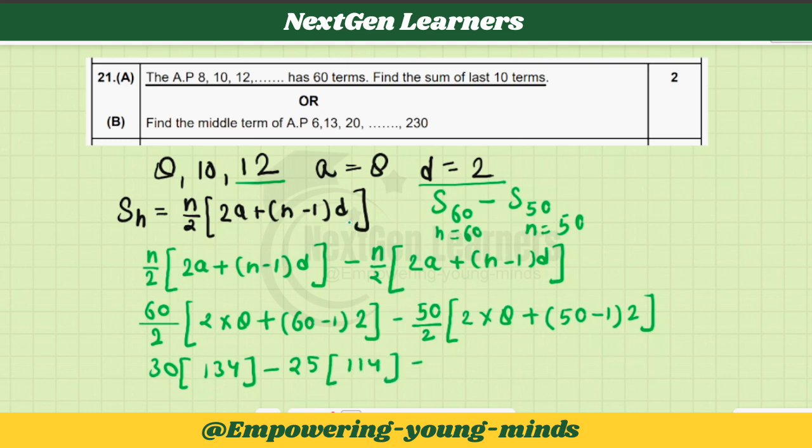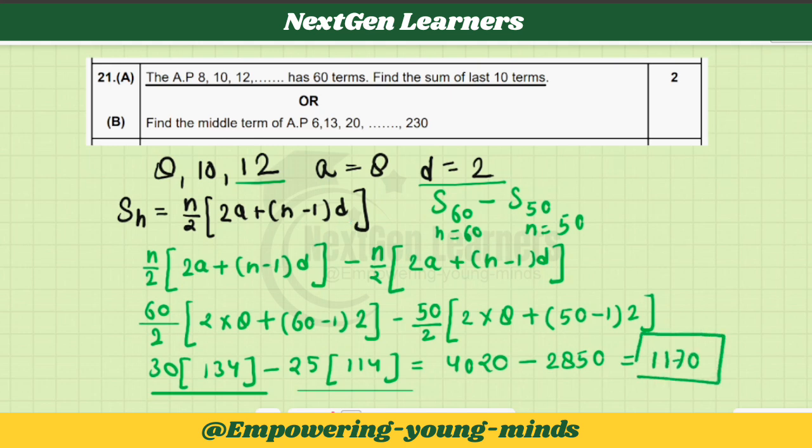And if I solve this, so I'll get my value as 4020 after multiplying these two, and after multiplying these two, 25 multiply 114, so I'll get 2850. And if I subtract these two, so I'll get my answer as 1170. 1170 is my answer. So the sum of last term will be 1170.